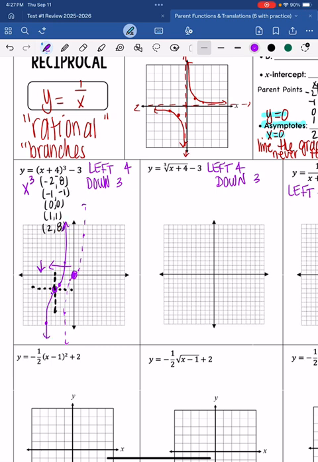And there's your graph. I'll highlight it so we can see what it actually looks like here.